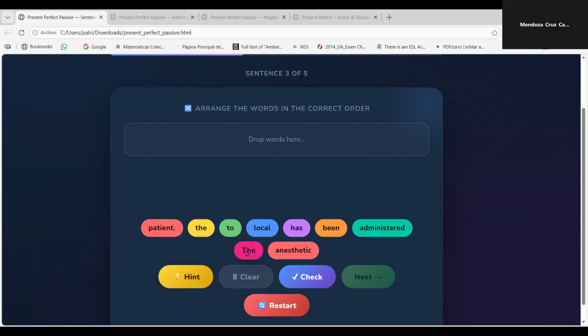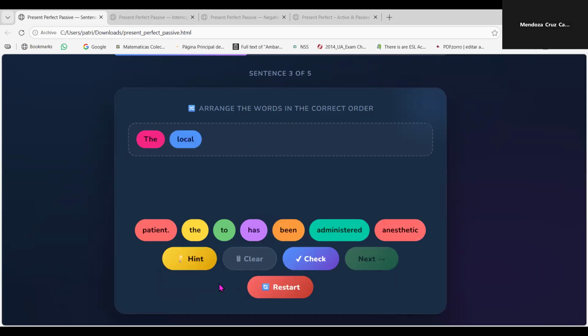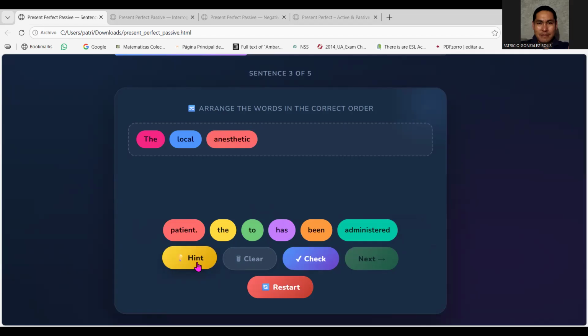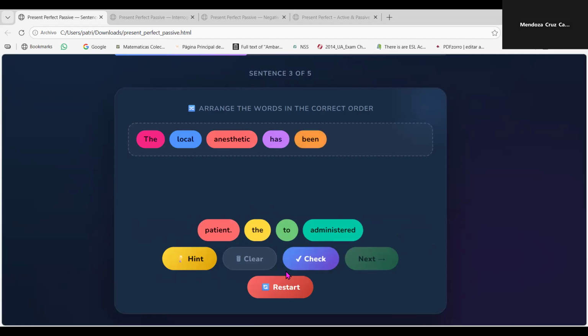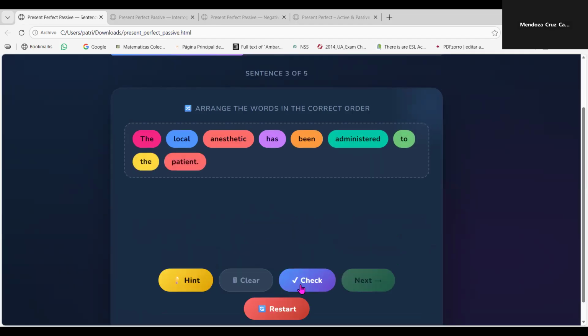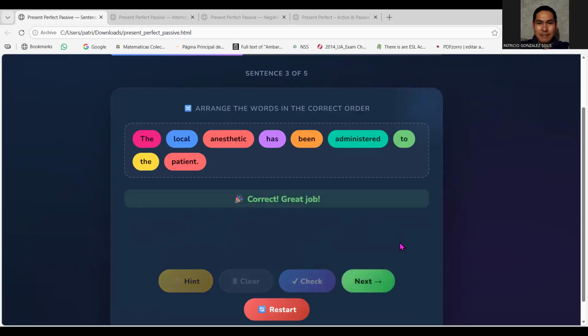The patient, local anesthetic has been administered to the patient. Perfecto, my dear Camila.